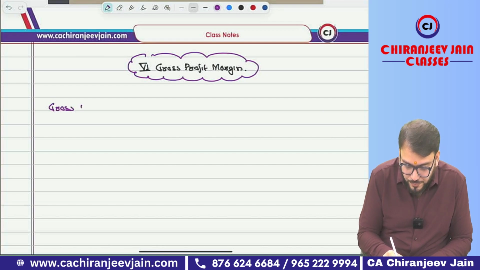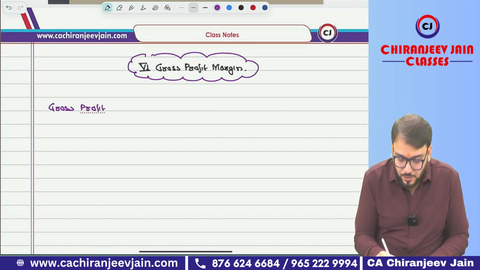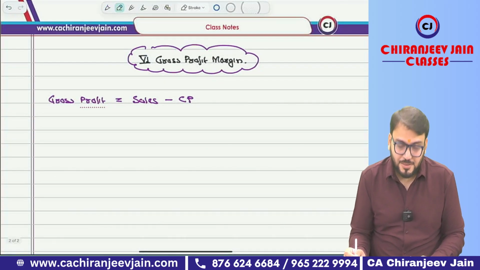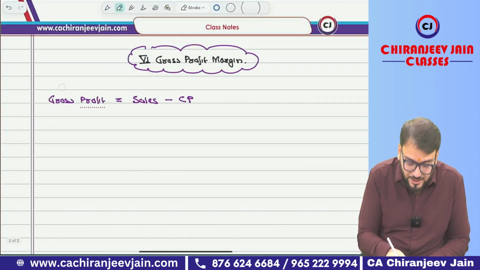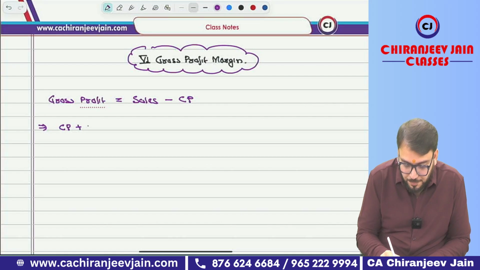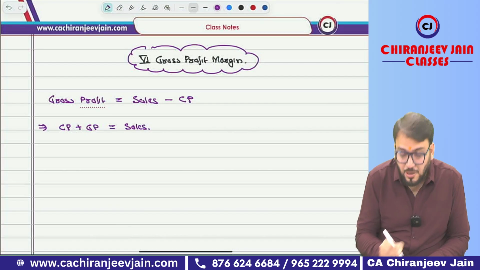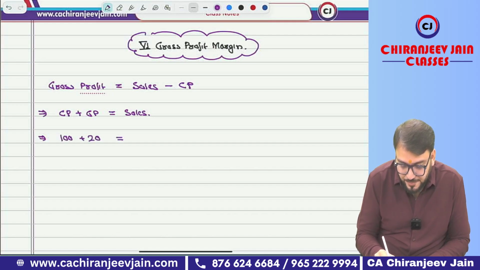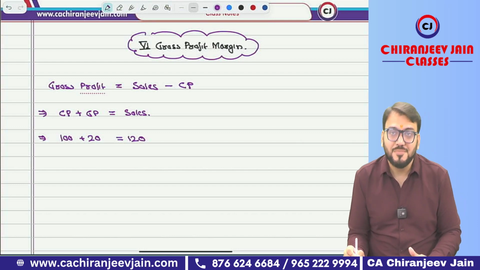Gross profit means sales minus cost price. It means the cost price plus GP, that is profit, is equal to sales. If 100 is the cost and 20 is GP, then sales is 120.